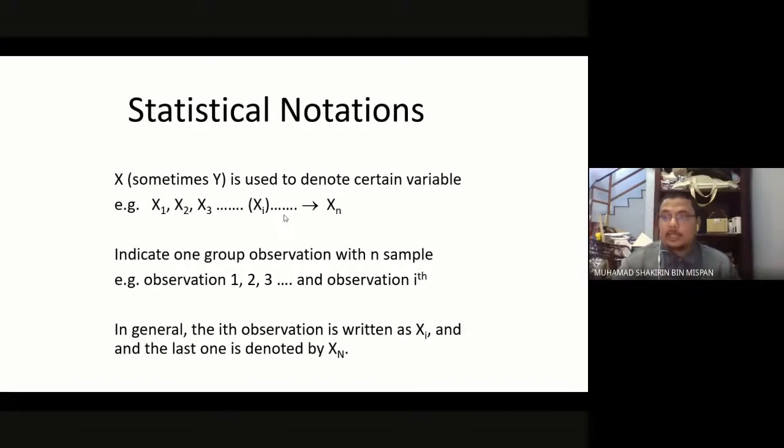In general, the ith observation is written as xi, and the last one is denoted by xn. Usually this is the small letter n.